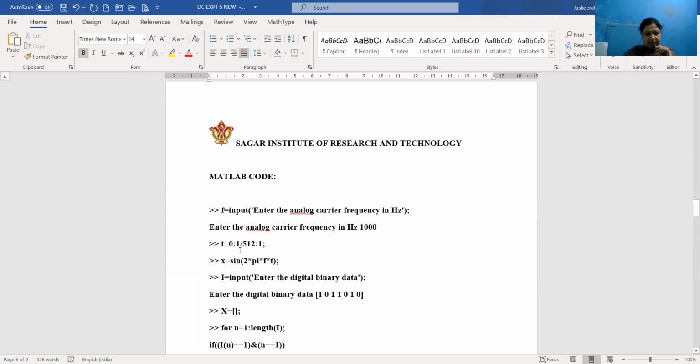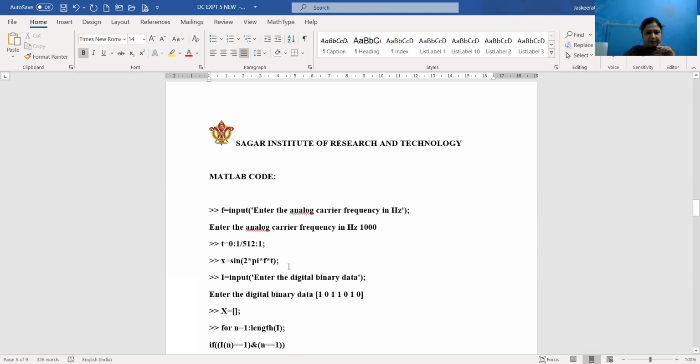Then we will specify the parameter on the x-axis, which is the time parameter t. It is given by t = 0:1/512:1. This means that the range of t is from 0 to 1 with an interval of 1/512.